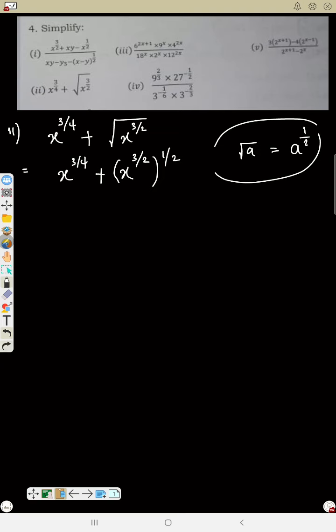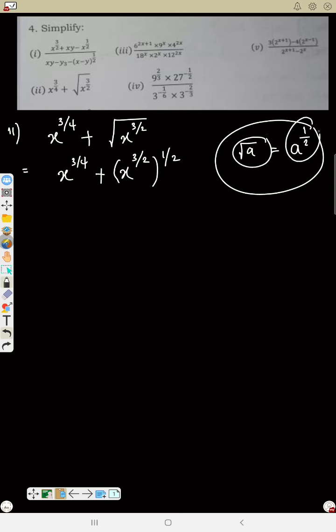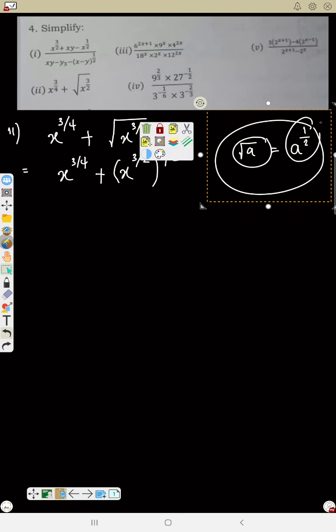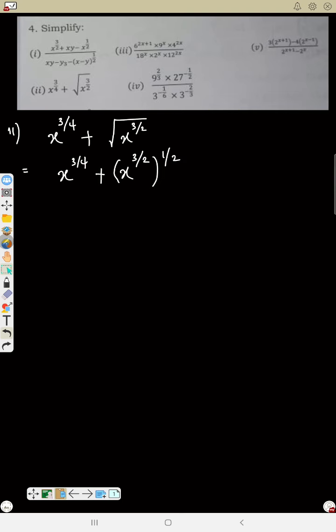So I did not bother to explain the first question further because it has fault. So now a raised to power half is root a, is the technique I want to use here. That means for this one, square root of x raised to power 3 over 2 can be x raised to power 3 over 2 raised to power half.